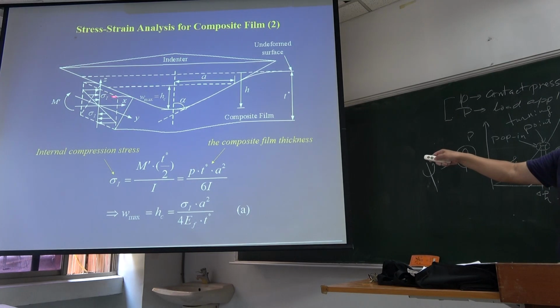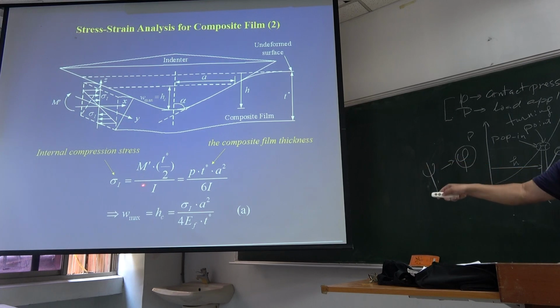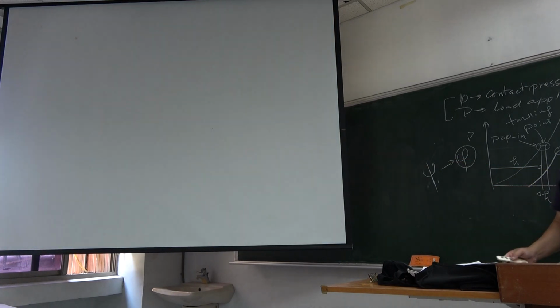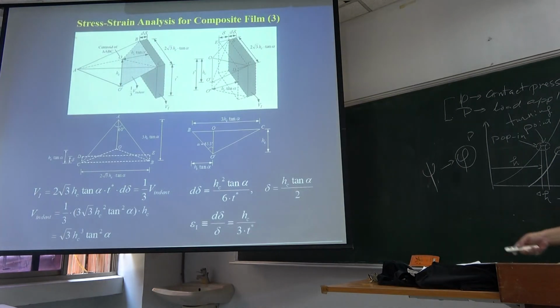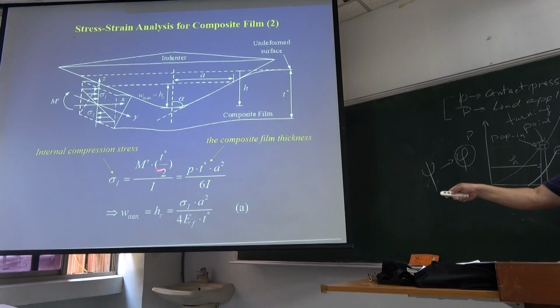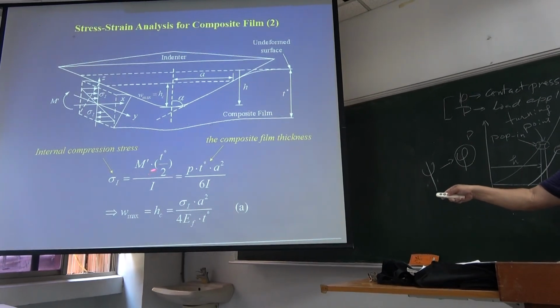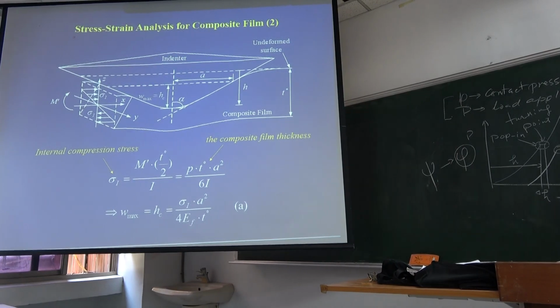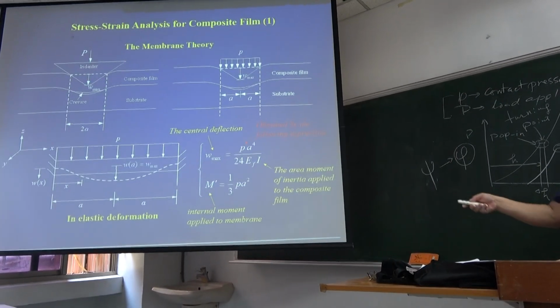So the internal stress, either compressive or tensile, from the membrane theory, is just this value. It's related to the M prime. M prime is just the torque we apply at the end of the simply supported beam, just the last equation I showed to you.